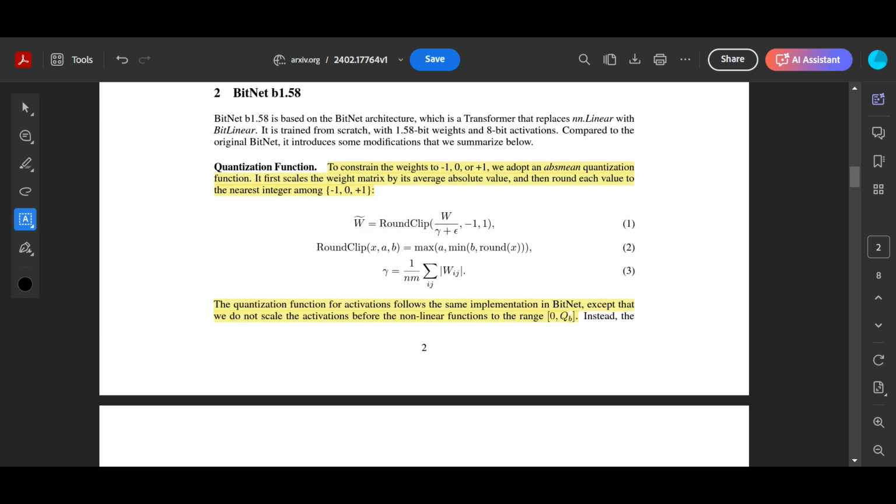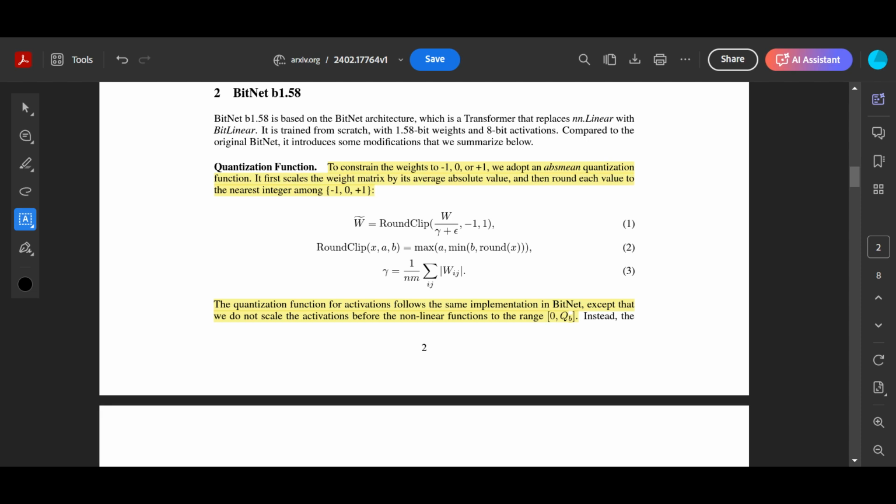Now we come to the crux of this paper, and that is the quantization function. In this 1.58-bit version, the weights need to be constrained to -1, 0, and +1. For this, the absmean quantization function is used, which first scales the entire weight matrix by the absolute average value of all the weights in the matrix and then rounds each of the values to the nearest integer among -1, 0, and +1.